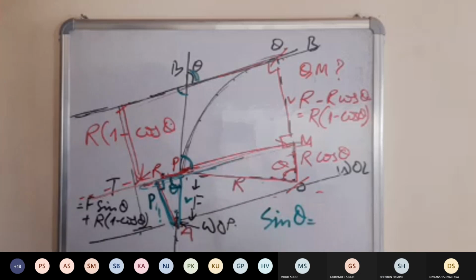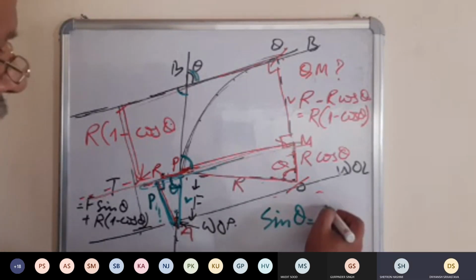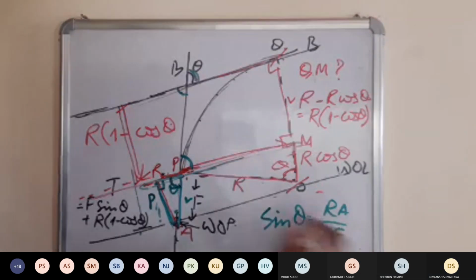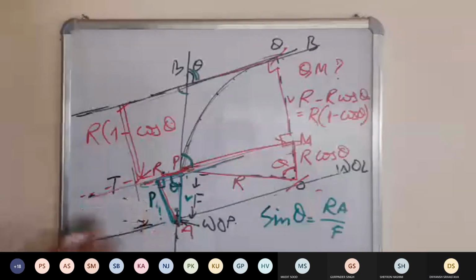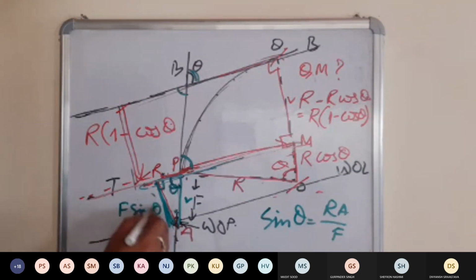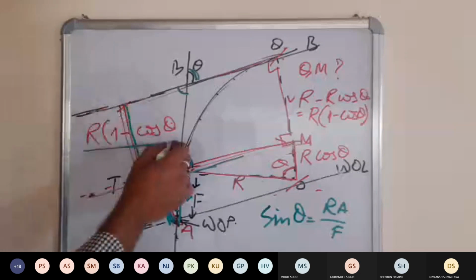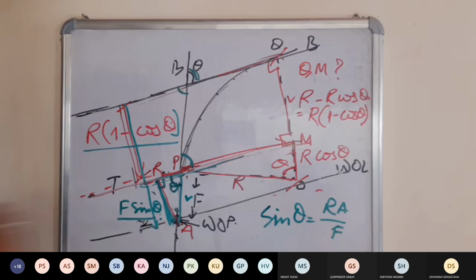Sin theta is equal to perpendicular upon hypotenuse, RA by F. Correct? Yes, sir. That means this distance is F sin theta.